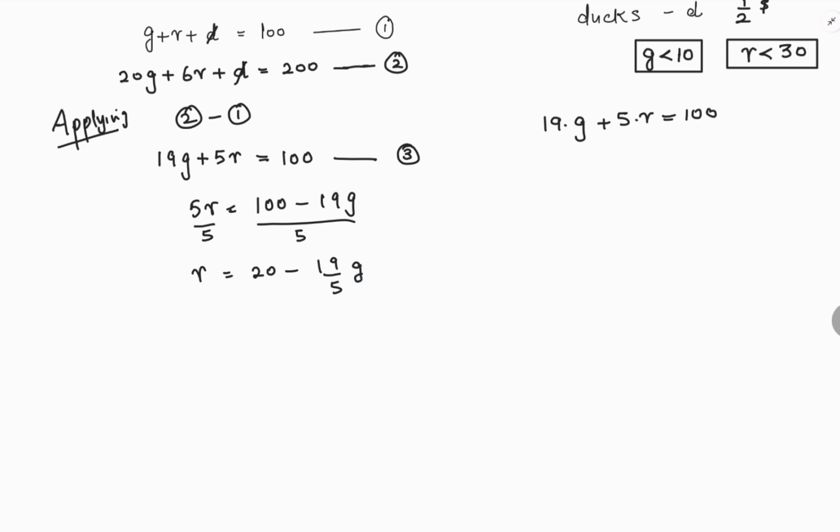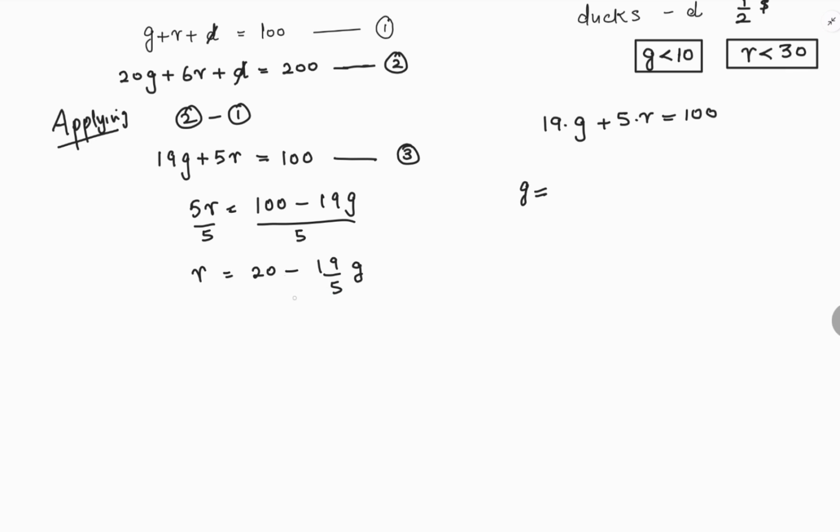Okay, now you know G is number of goats and R is number of rabbits. So G is a whole number, right? G can be 1, 2, 3, 4, 5. But if I take G as 1, then 20 minus 19 by 5 will not be a whole number.